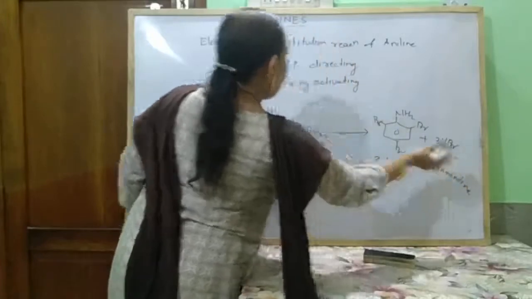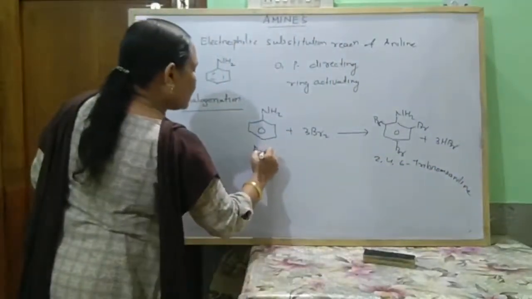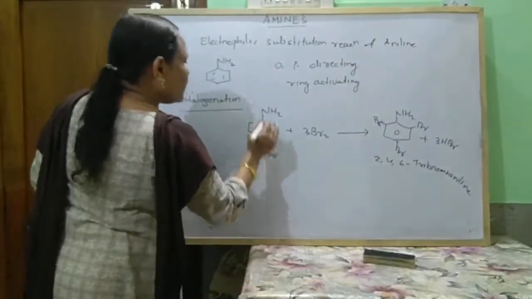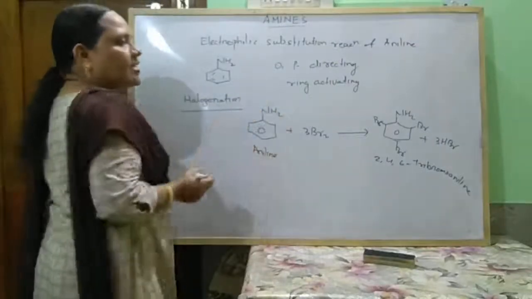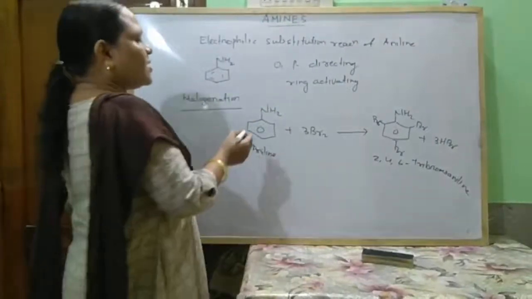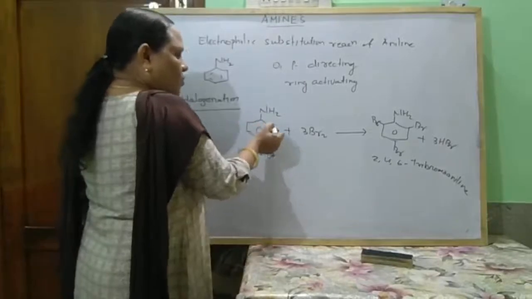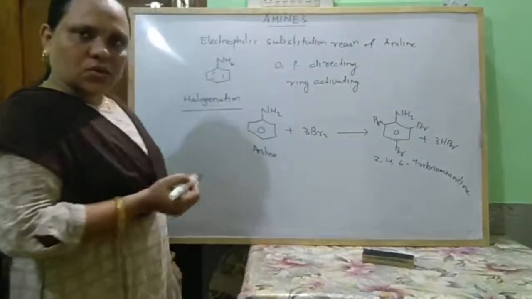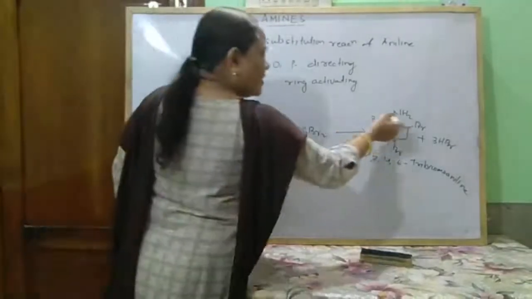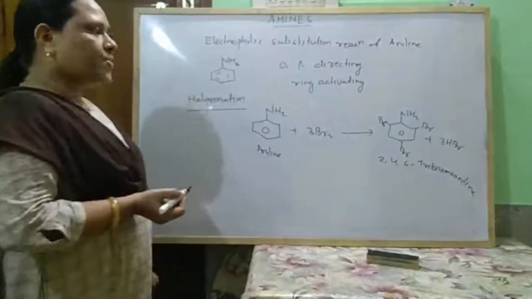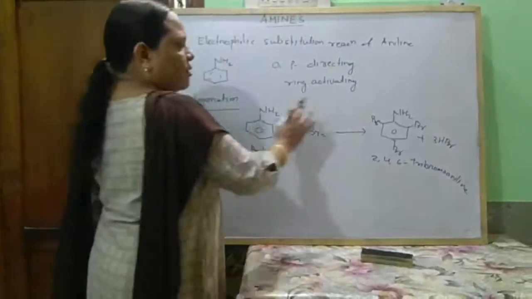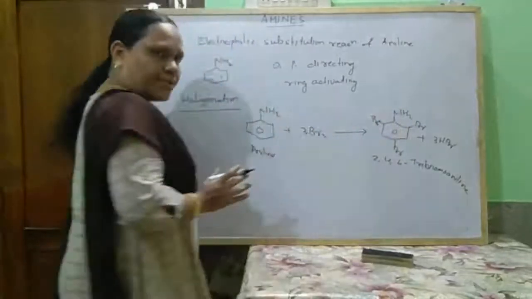It forms 2,4,6-tribromoaniline because this NH2 group is ring activating in nature. So it activates the ortho and para positions so strongly that the tri-substituted product is formed. So we cannot stop this reaction at the monosubstituted product.